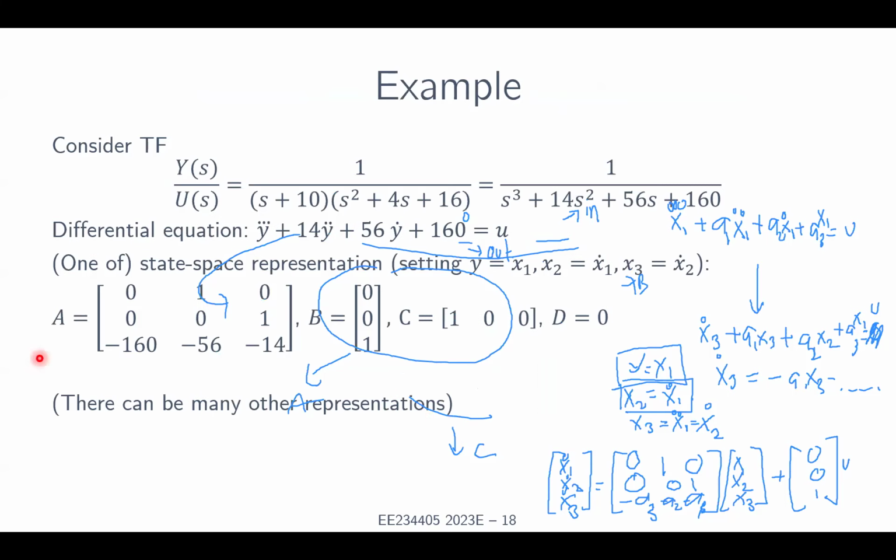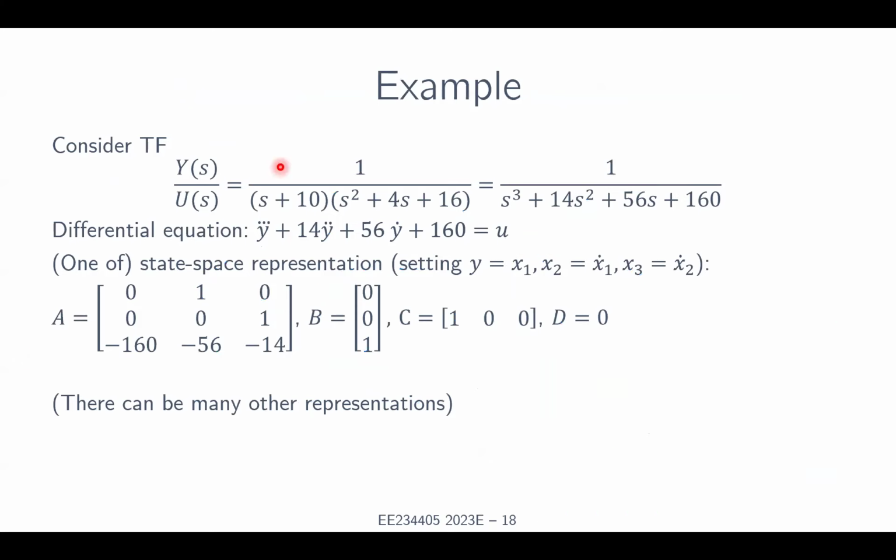So consider this example now, where we have Y(s) over U(s) equal to this transfer function, 1 over (s plus 10) times (s squared plus 4s plus 16).